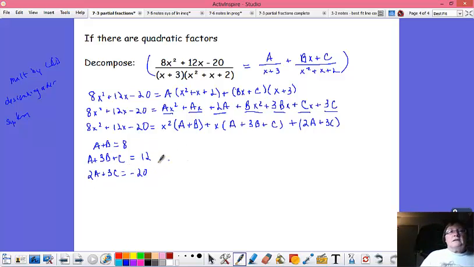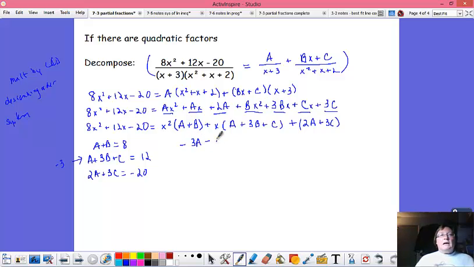Now this system's going to be a little bit different to solve, but this is already missing a C. So if we could join these two so that we can get rid of a C, that would be a good idea. And we can do that by multiplying here by -3.